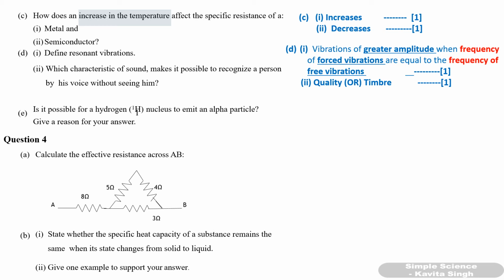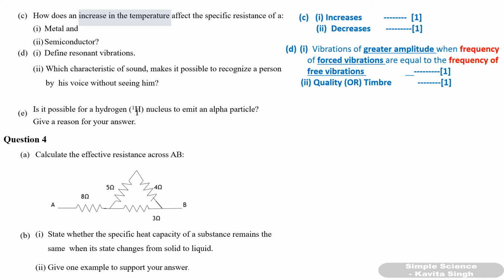Okay, then second part, what is the characteristic? The characteristic is quality or timbre. Okay, then E part, is it possible for a hydrogen nucleus to emit an alpha particle? Give reason for your answer. So this question, though the parts are not given as 1 and 2, contains 2 parts, 1 mark each.